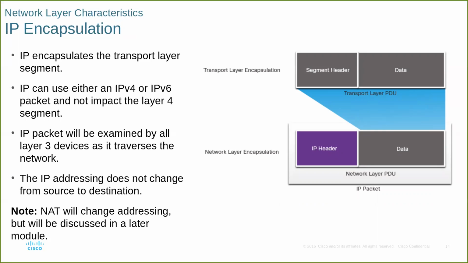At the transport layer, you have the segment header and you have the data. All this segment and data is encapsulated, and then the protocol data unit is passed to the network layer. So this is the entire data. At the network layer, you add the IP header information, that is the source and the destination IP address. This is called encapsulation.